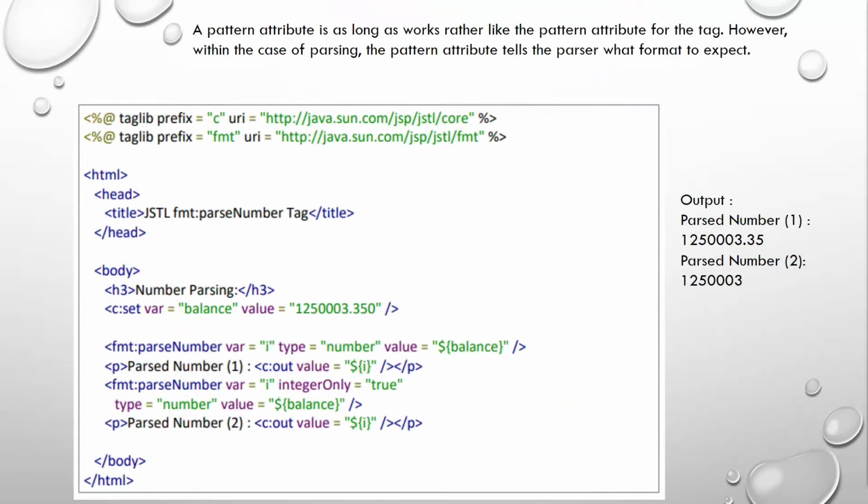The pattern attribute works rather like the pattern attribute for the format tag. However, in the case of parsing, the pattern attribute tells the parser what format to expect. So here is the example code and the output of it.